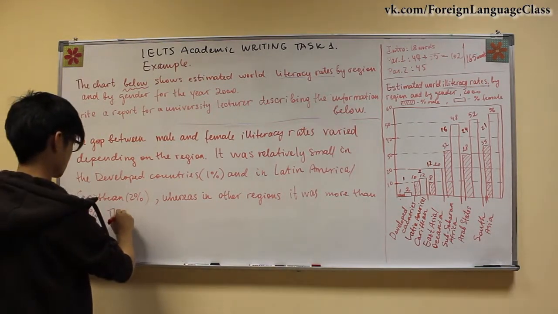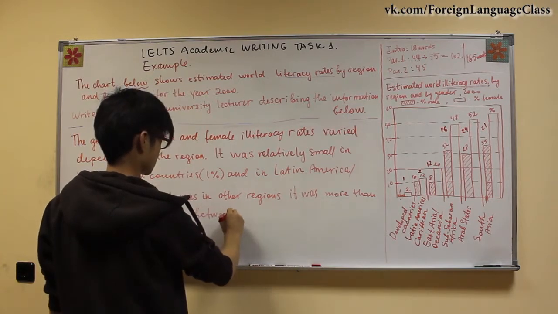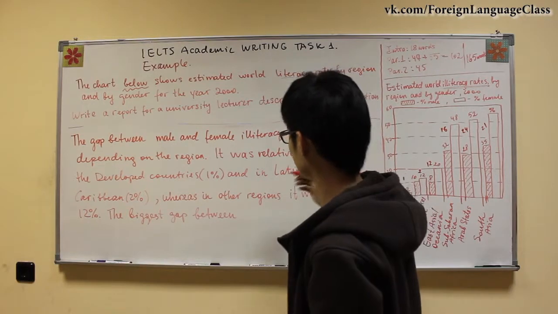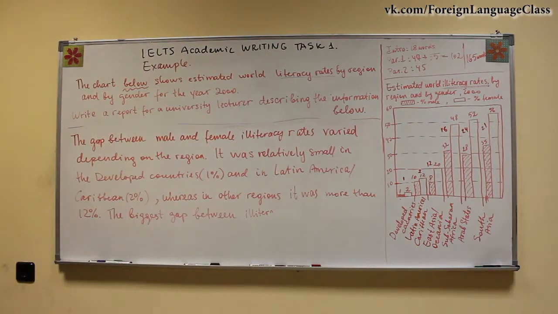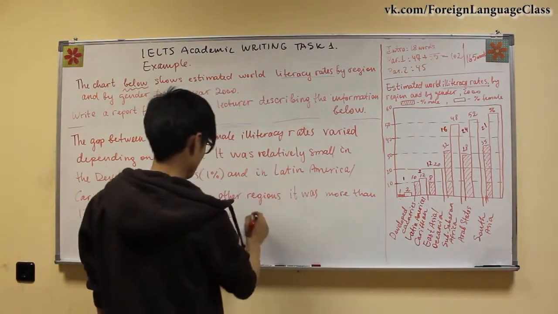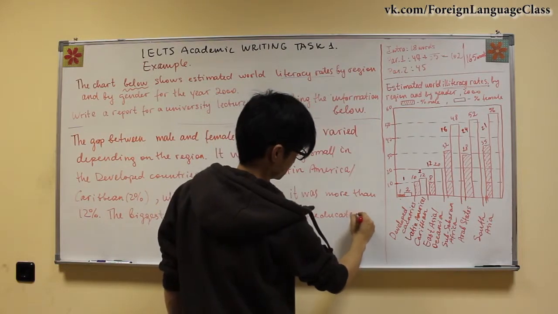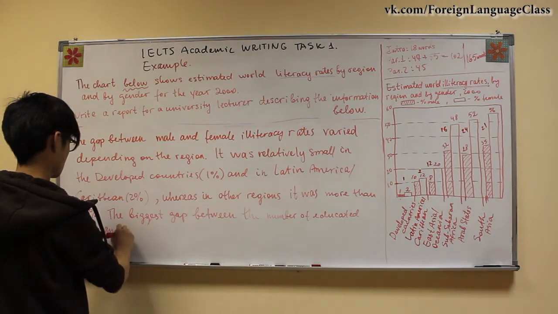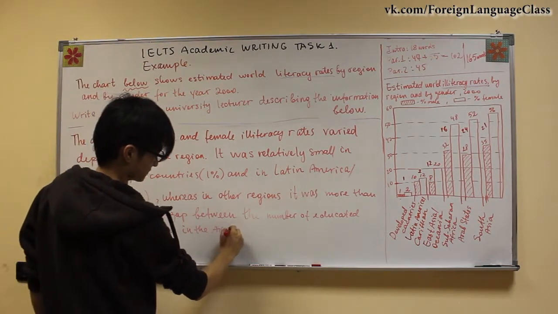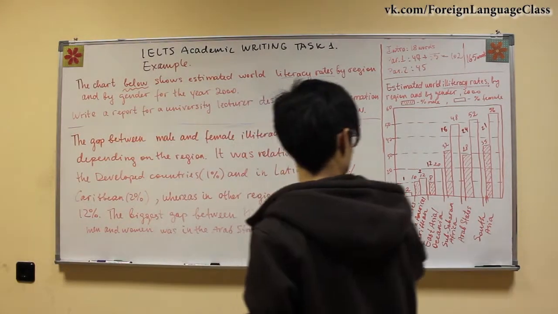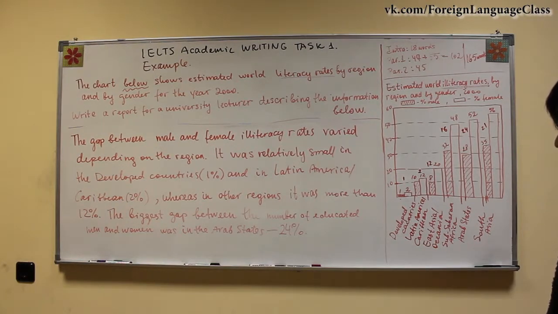The biggest gap between the number of educated men and women was the gap in the Arab states, 24%.